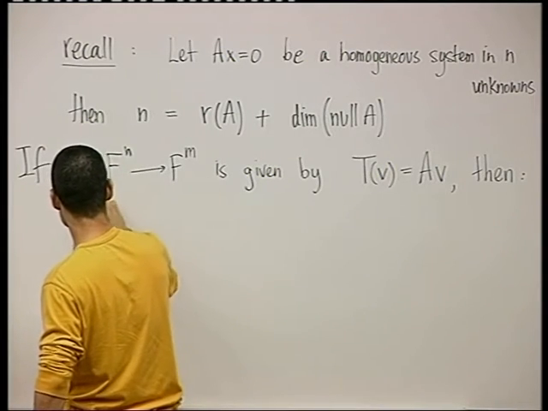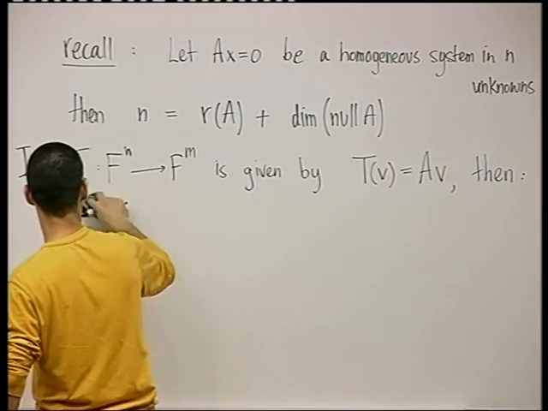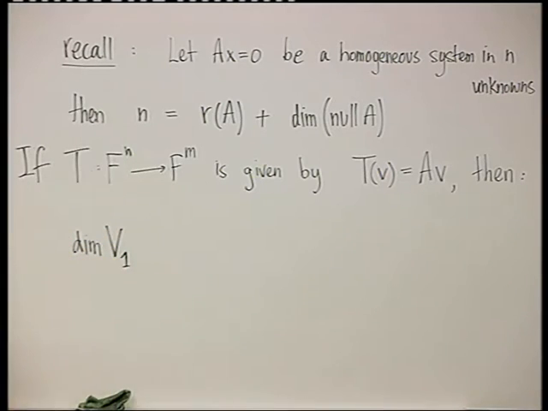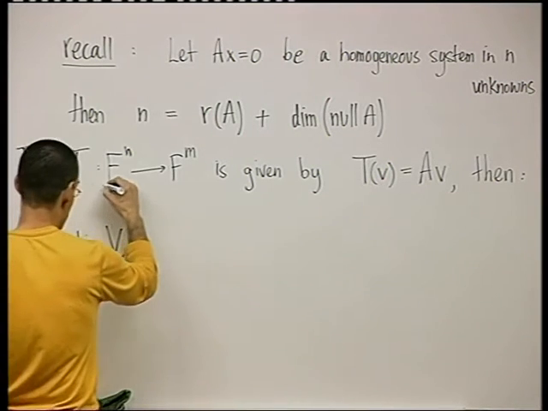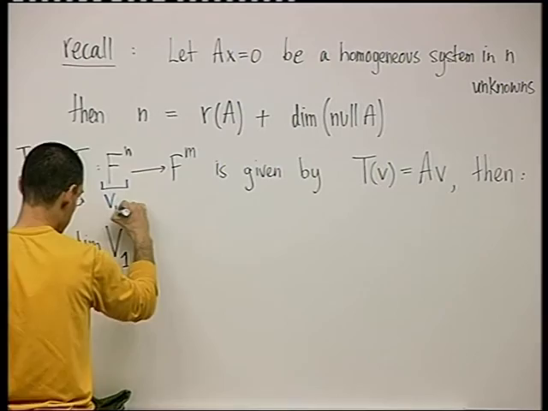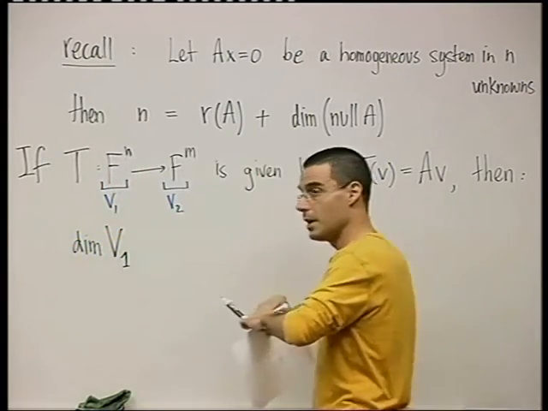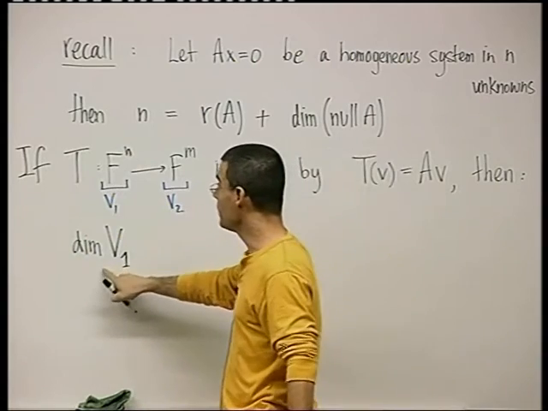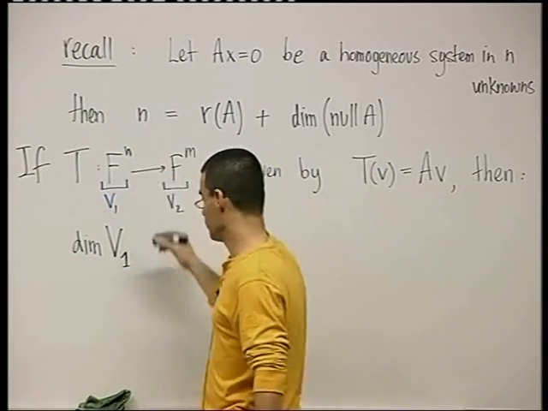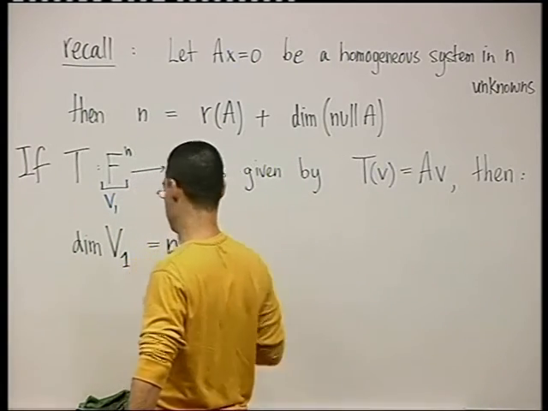This is V1, and this is V2 in general, right? The dimension of V1 is n. Do you agree?